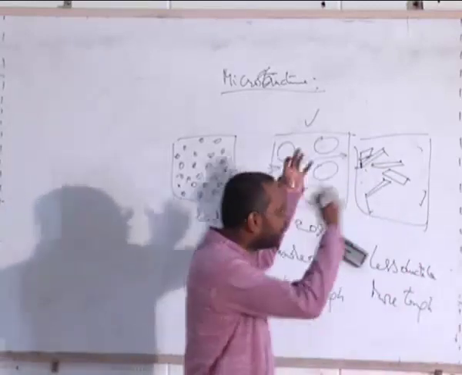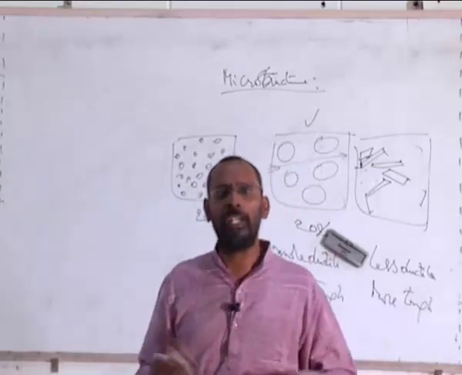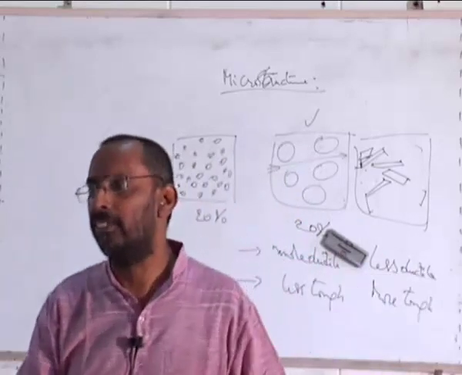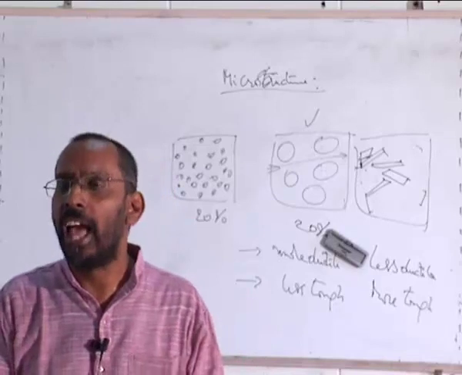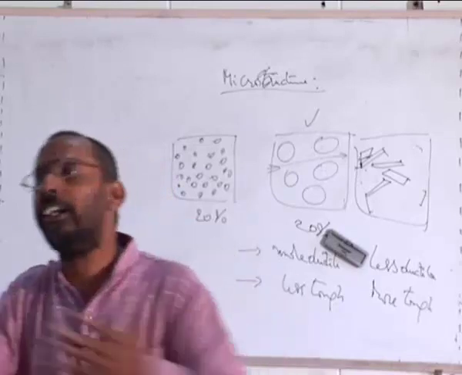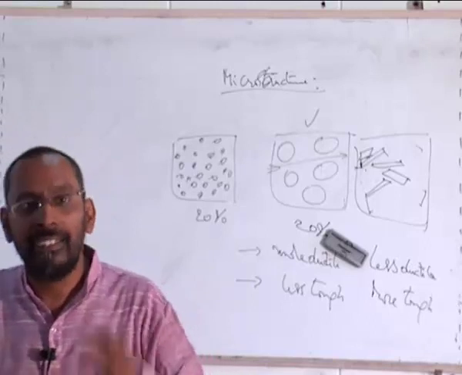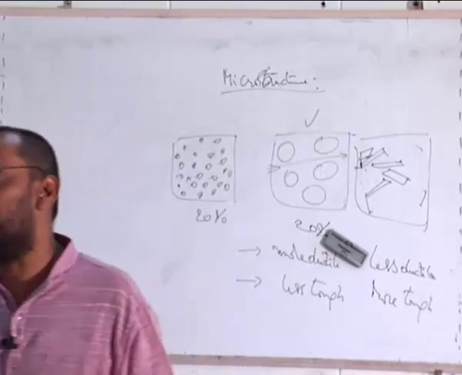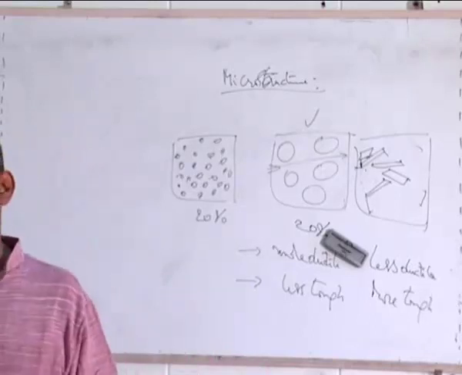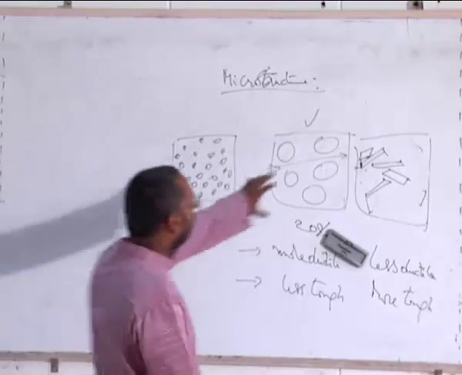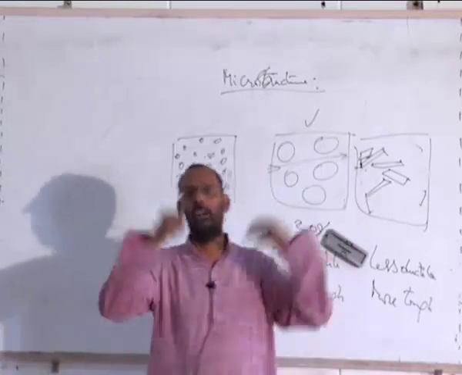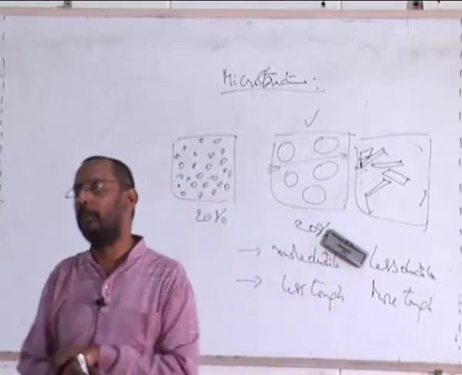So the more the number of randomly oriented acicular particles, you will see this crack gets diverted at a number of stages. And as a result, the resistance offered for the crack propagation is more. And as a result, you will see this kind of material absorbs more energy as it starts propagating.